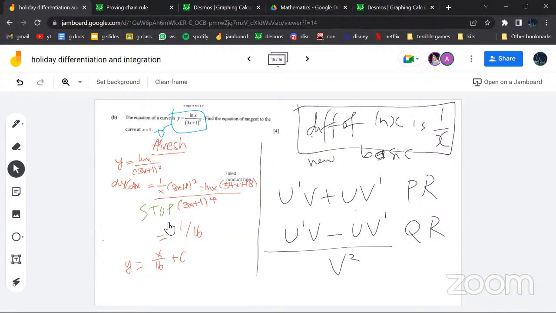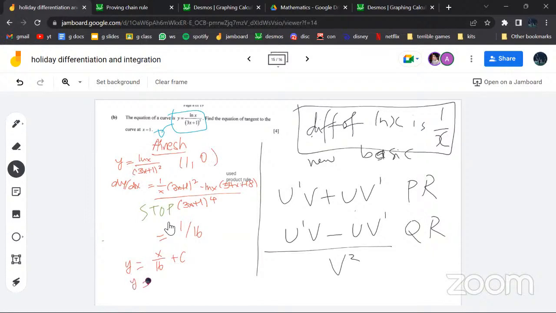No, this doesn't make sense. I know. But the power becomes? -1. No, 1 becomes? 0. And then there's a 3 inside times what? 3 outside times 1, right? So the differential of 3x is?